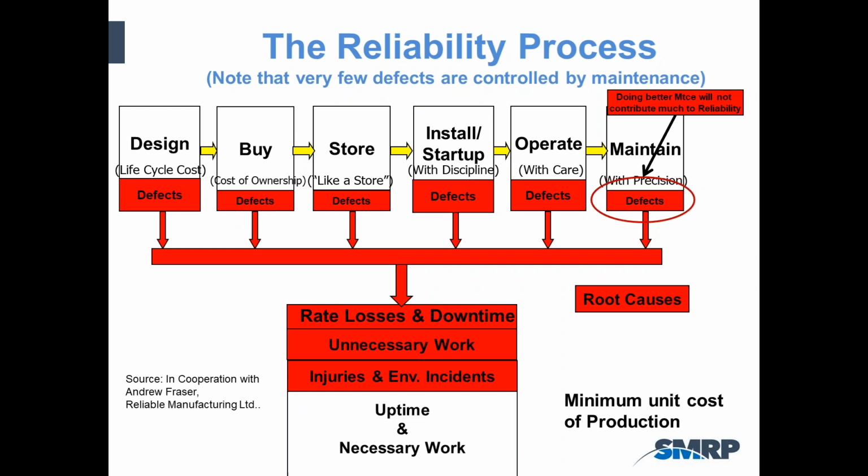Then we did an introduction to what I call the reliability process, where we look at design, buy, store, install, startup, operate, and maintain. And we noted that most of the defects come from design, installation, startup, and operation. And therefore, maintenance doesn't really control reliability.